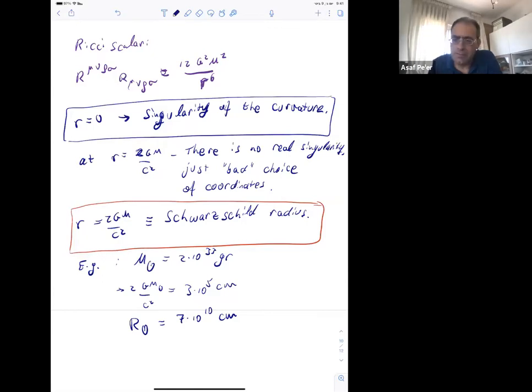Now, as I said, this whole Schwarzschild metric is only valid when we're outside the star. If we're inside the star, it's not valid anymore. So it's really meaningless. We cannot encounter the Schwarzschild radius in the vicinity of the solar system. It just doesn't exist.